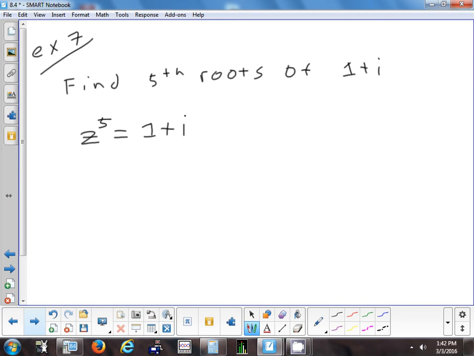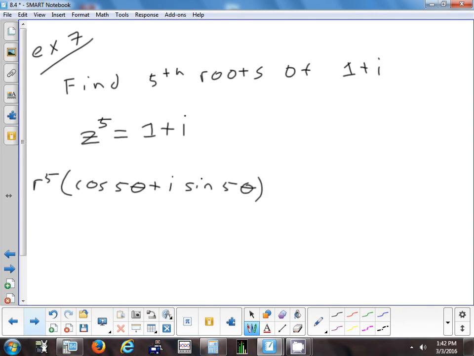Who can tell me how I write z to the 5th using DeMoivre's theorem in trig form? Yep, r to the 5th, cosine 5 theta plus i sine 5 theta. Yep, perfect.